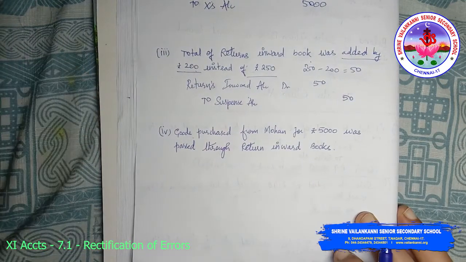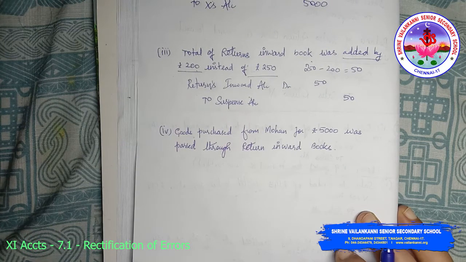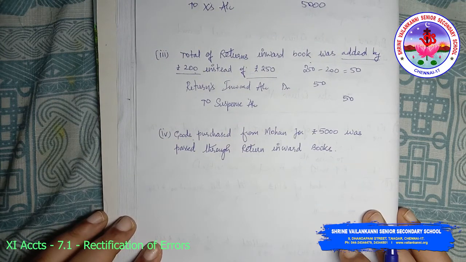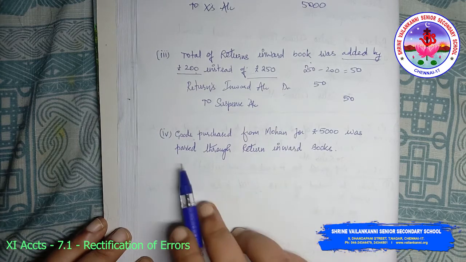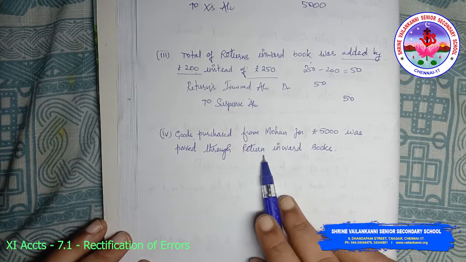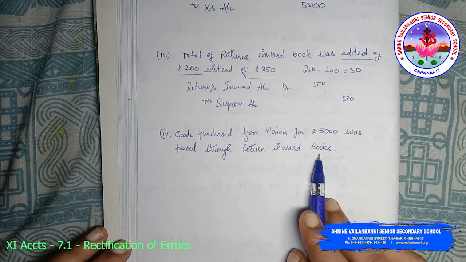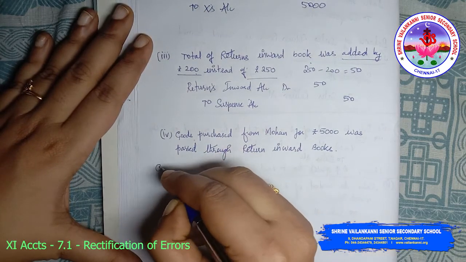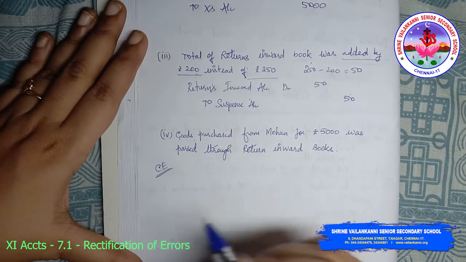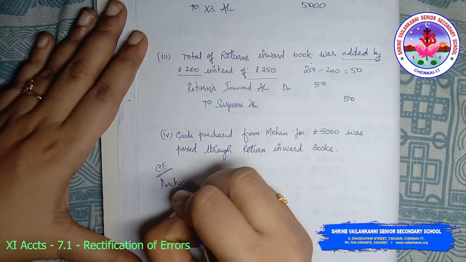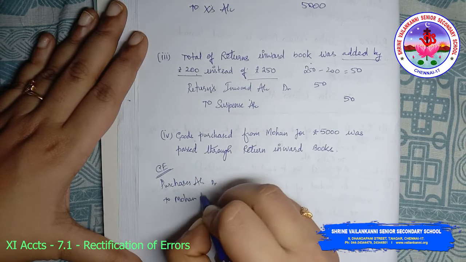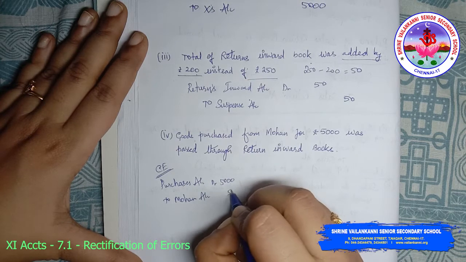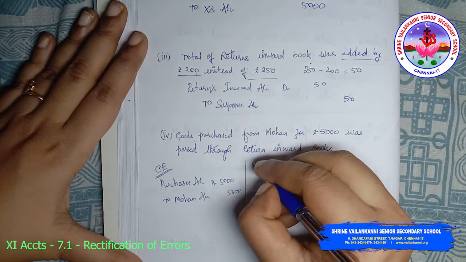Then the fourth entry, goods purchased from Mohan for rupees 5,000 was passed through return inward books. It is a purchase, but what they have done, they have passed through return inward book. So what is the right, what is the wrong? You have to identify what is the correct entry. Goods purchased from Mohan, purchases account debit to Mohan account 5,000. This should be the correct entry. What is the wrong entry?